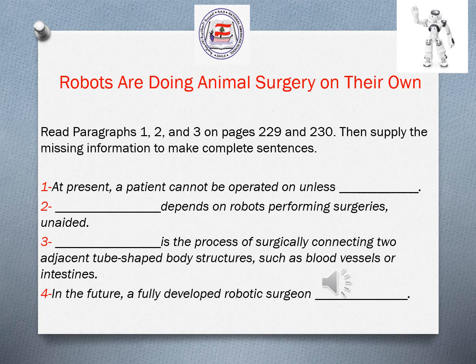Number 3, anastomosis is the process of surgically connecting two adjacent tube-shaped body structures such as blood vessels or intestines. And number 4, in the future, a fully developed robotic surgeon can handle difficult surgeries and perform perfect placements.